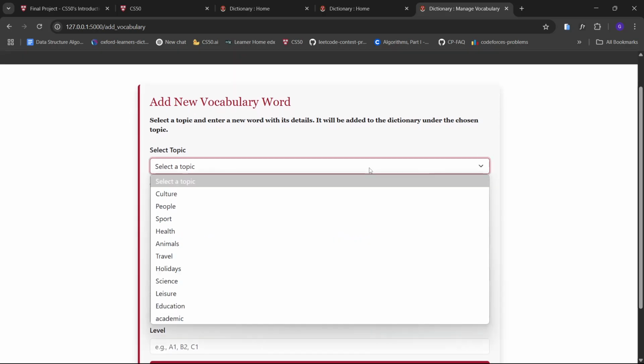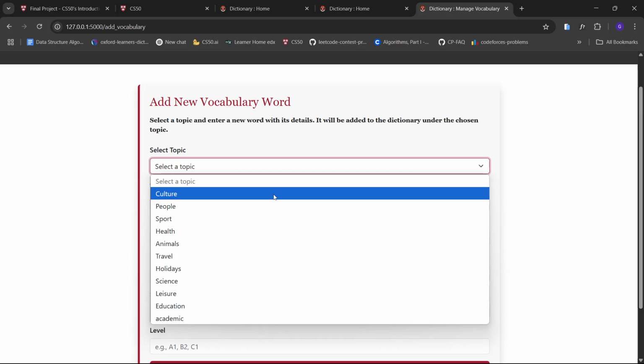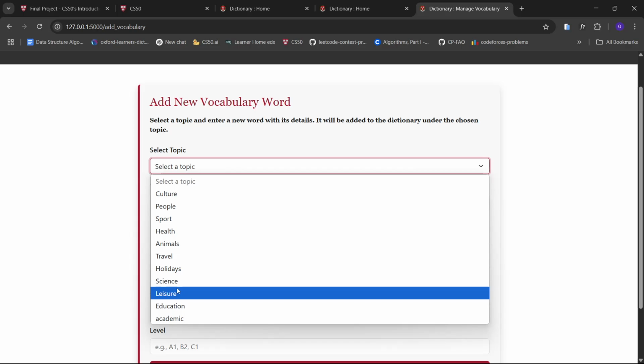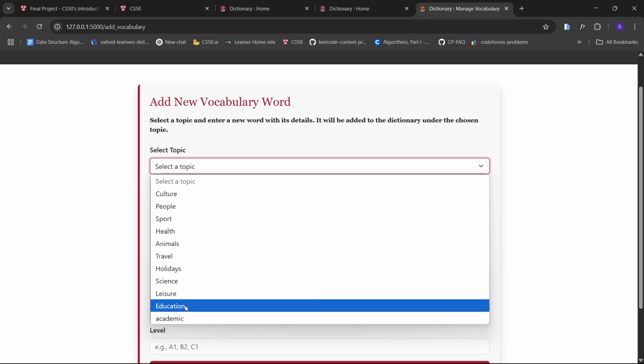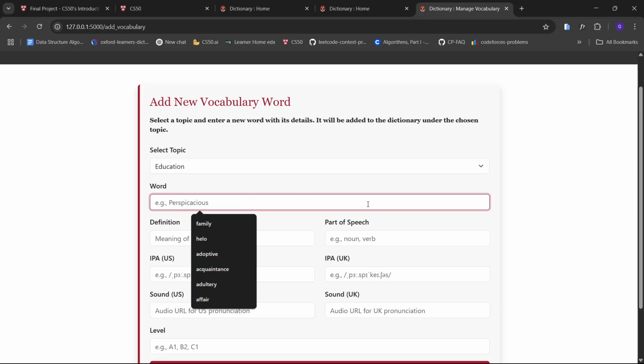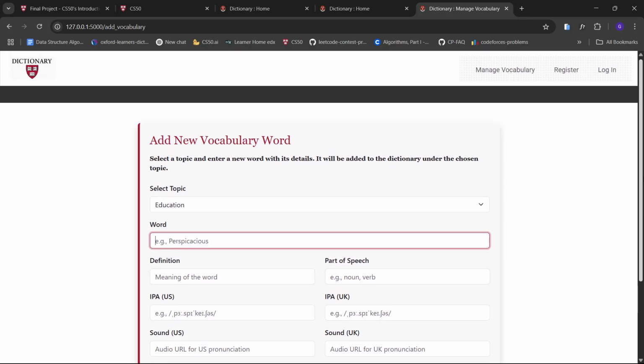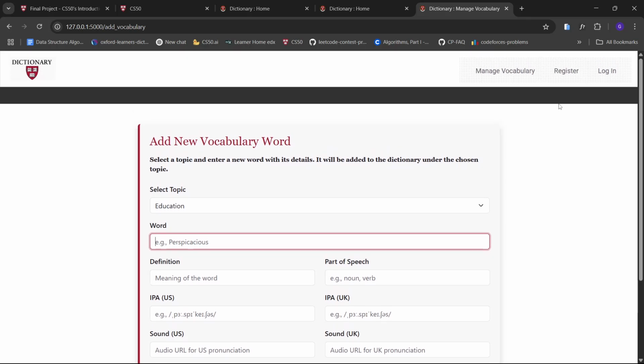For example, if the user wants to add topics about people, culture or education, they can select the topic and add more information about the words. And finally, when they submit it, the result will be stored in our database.